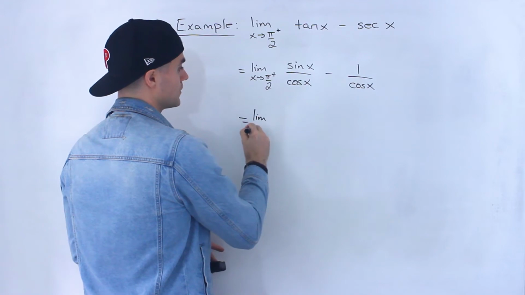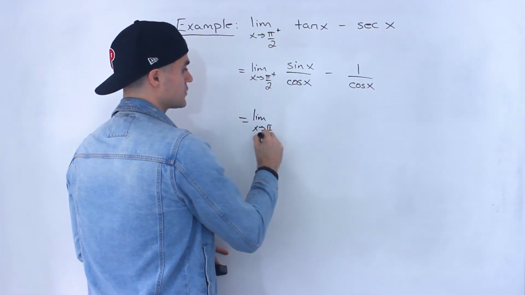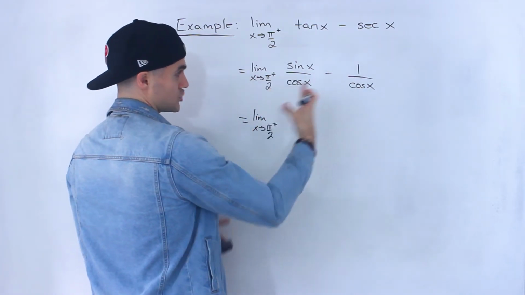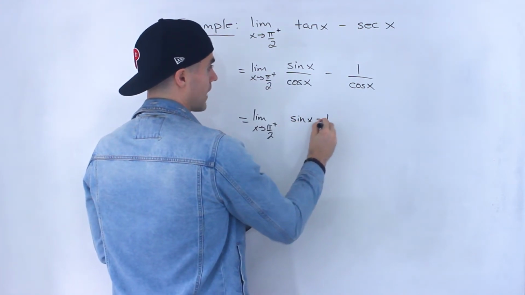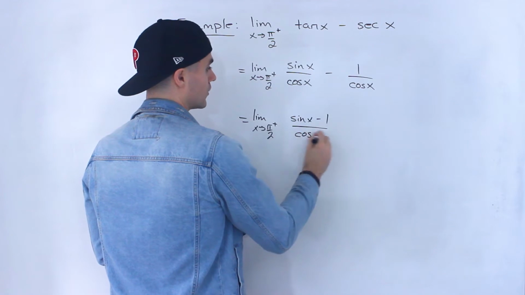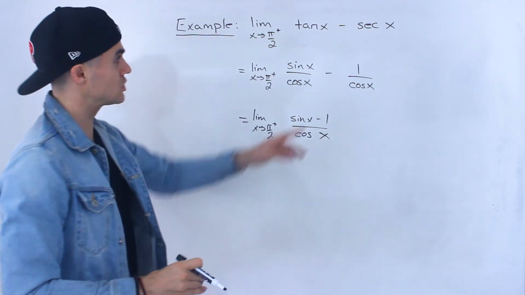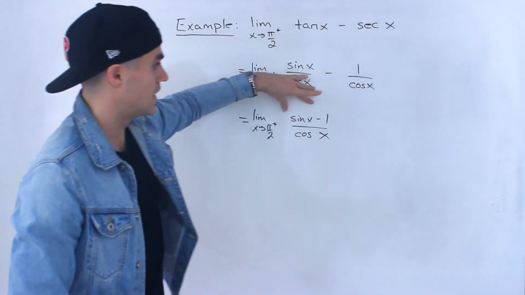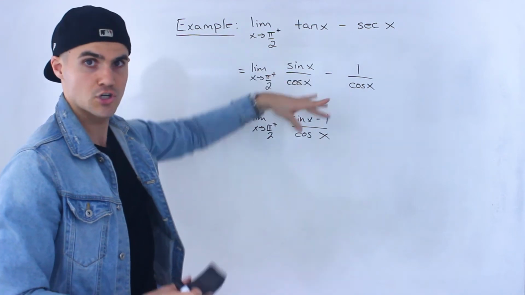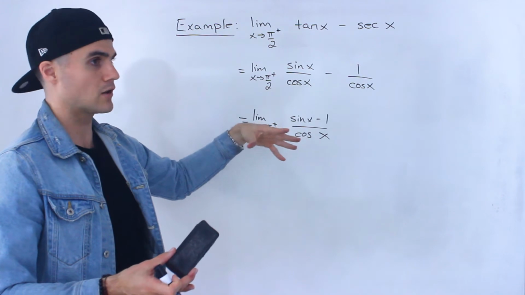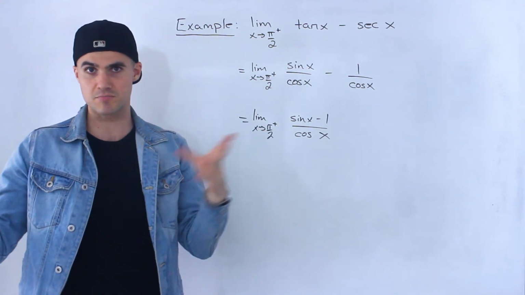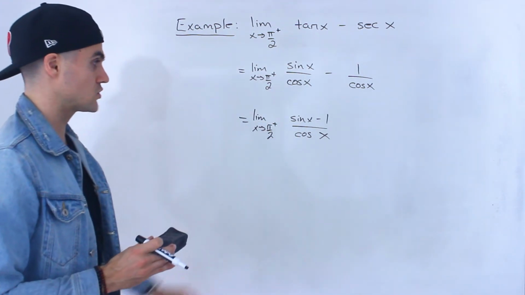And so what we're going to do is take these two expressions and change them to one expression. So we would have sin x minus 1 over cos x, like that. So we took these two expressions, changed them to this one expression using a common denominator. So that method of a common denominator, that's usually what's happening. You're taking multiple expressions, changing them into one.